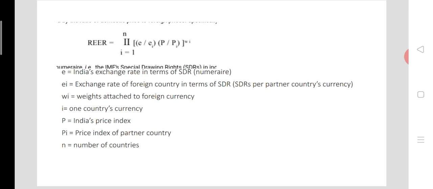If it is the 6 currency index, this process has to be repeated for all the other 5 currencies also. This process has to be done 6 times in the 6 currency index and 36 times in the 36 currency index. Each time the value has to be multiplied as this is the product.